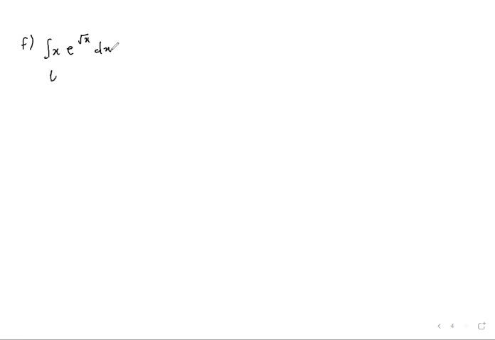Yeah, so I think you let u to be root x, so that if you square both sides, you get u squared to be equal to x. And then you find dx with respect to u.